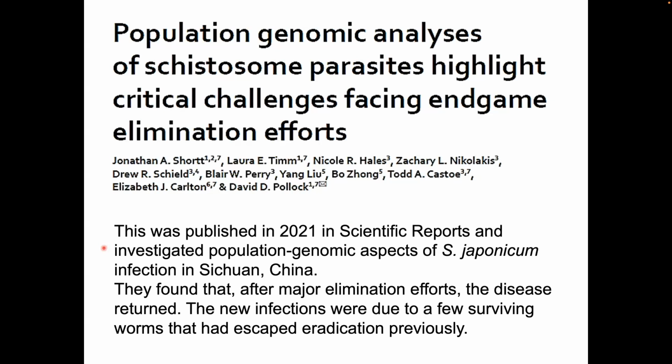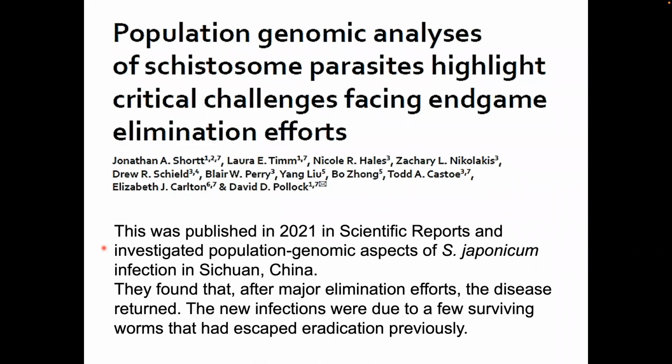So the questions were, are these imported worms coming from Anhui, from the other place where we know it occurs? Or were these worms which had escaped eradication, which had survived through the mass drug administrations and the eradication programs? That was the question that I asked in 2007, but we were unable to answer it at the time.